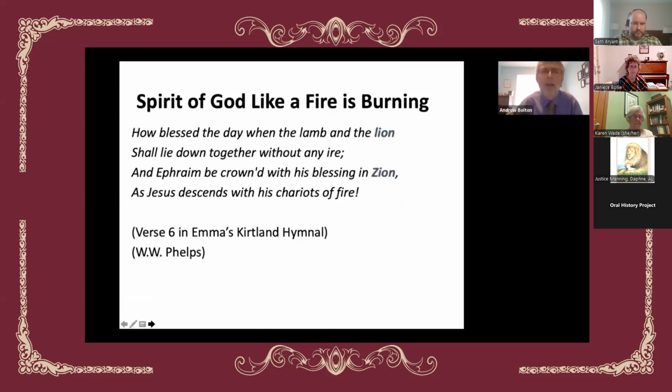I suggest that "The Spirit of God like a fire is burning," that hymn by W. W. Phelps, is the reason. Verse 6 in Emma's Kirtland hymnal has this verse, with the first line ending with lion. It should have been wolf, but it's used lion because the third line ends with Zion, and lion and Zion rhyme.